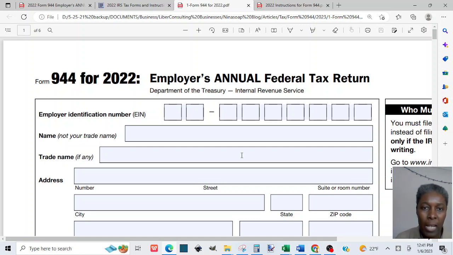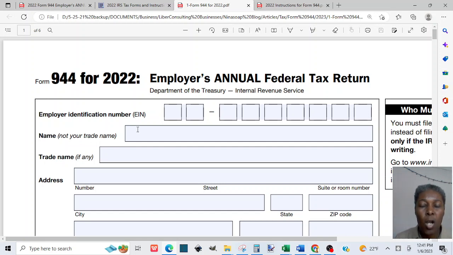So if you are an LLC taxed as an S corp, the name that will go on the name line should be the same name that you put on your EIN application form. Even as a sole proprietor, the legal name you put on your EIN application form is what will go on the name line as well. But for a sole proprietor, it's obvious that it will be the name of the owner.